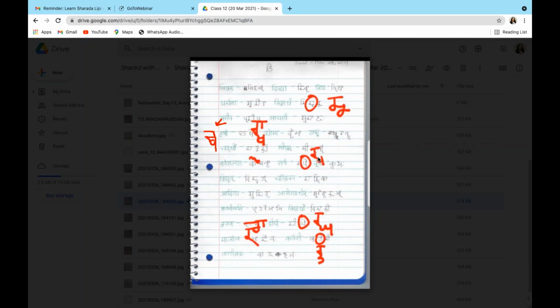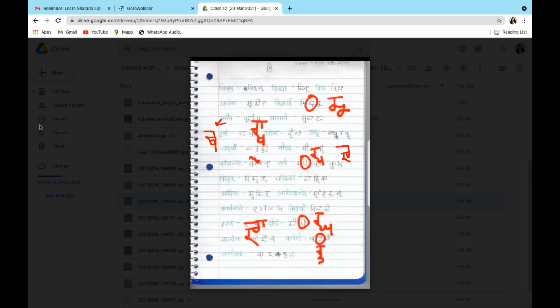Again, in case of Sarp, since Pa does not have a Shirorekha, it will follow this particular rule and not the other R, which is written like this on the top of the letter. This is followed in case of, say, Jo. Since Jo has multiple touch points with the Shirorekha, it will be written like this.